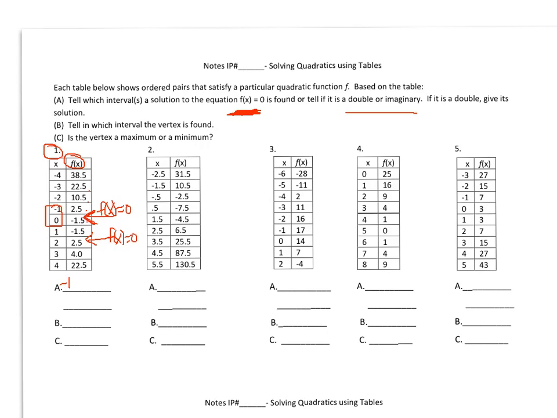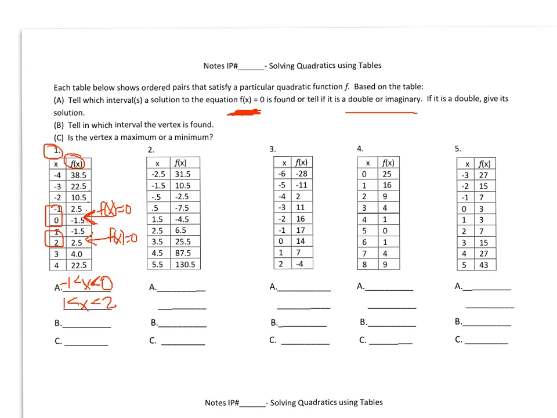So between negative 1 and 0. And then also in between positive 1 and 2. So when x is between positive 1 and 2, we have another solution. Okay. So, all right, let's move on to part B.